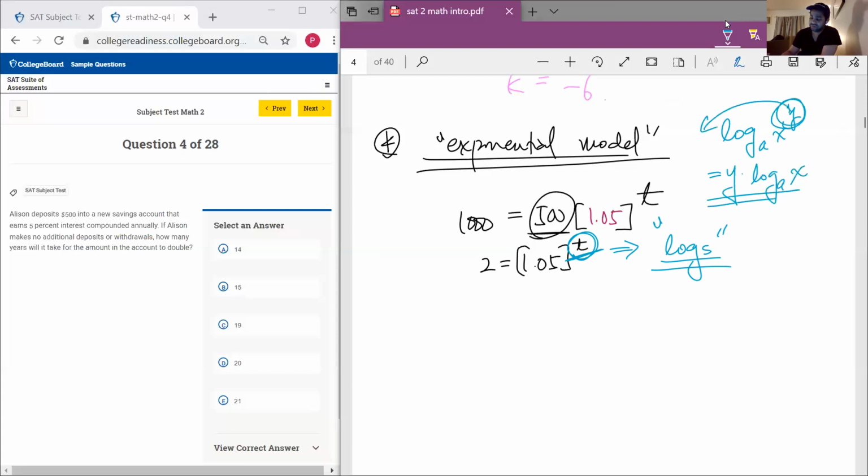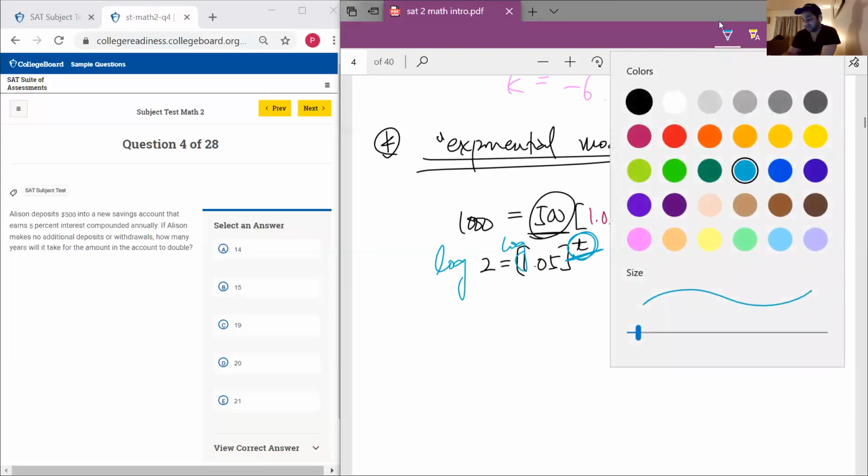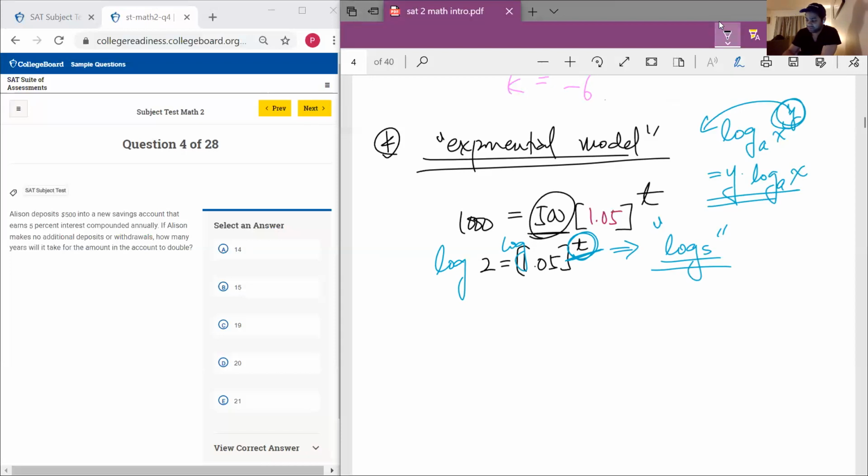They're very effective tools in bringing the exponent down so you can solve for it properly. So I'm going to take log of both sides. Now, if the e's were involved, I would take natural log. But in this case, just take log. It's your preference. If you want to take natural log here, I don't care. It's the same exact thing.